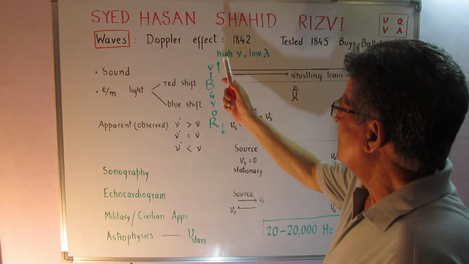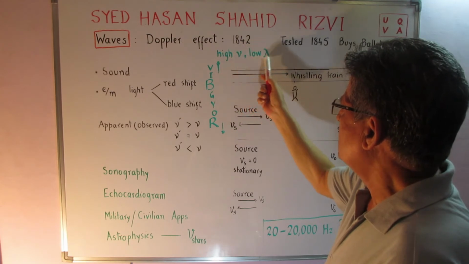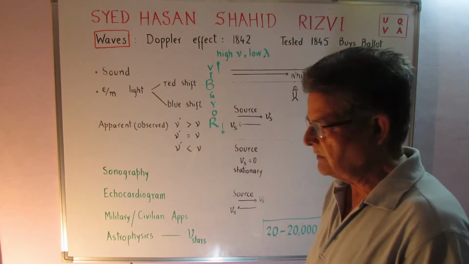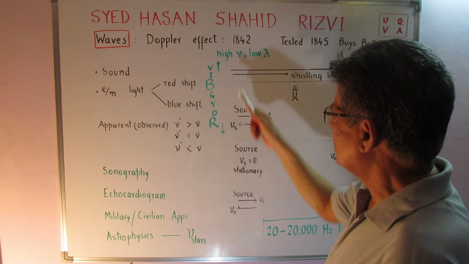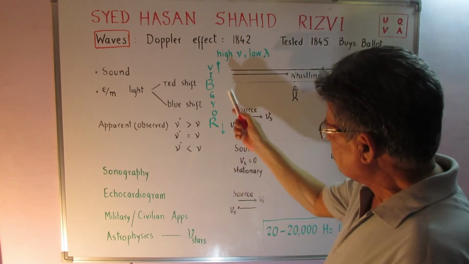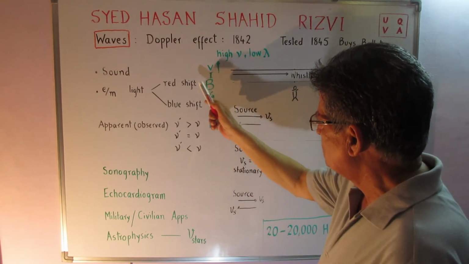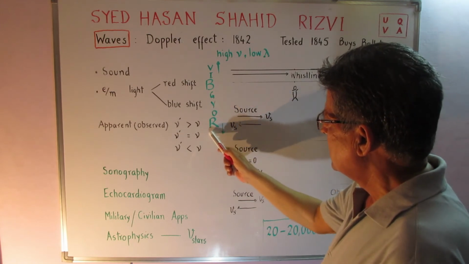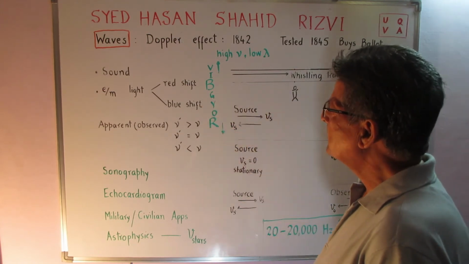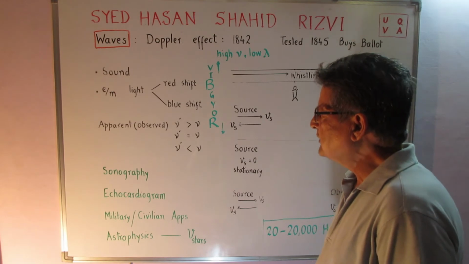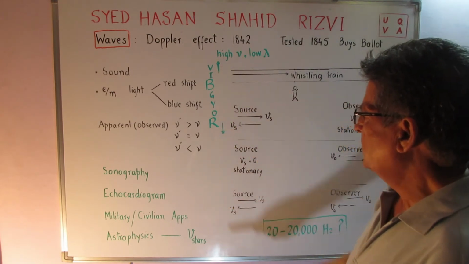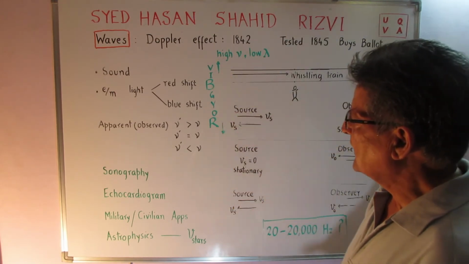On the violet side, high frequency, low lambda, low wavelength. On this side, it's otherwise. The frequency associated with blue is more, the frequency associated with red is less.